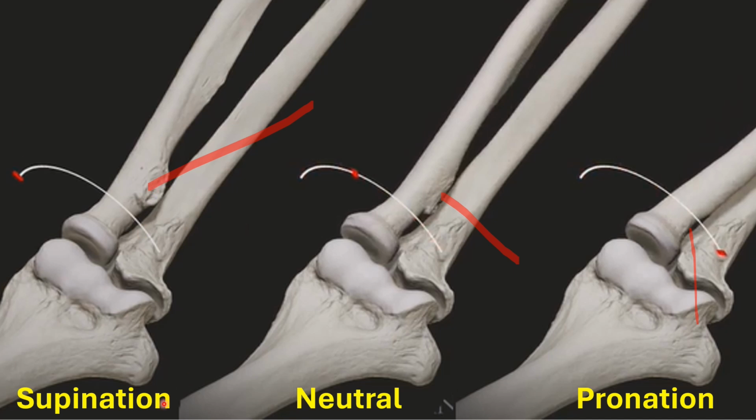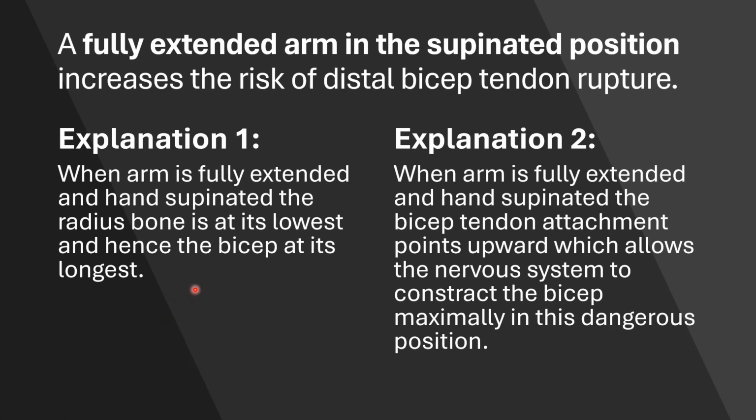So, these are my two explanations of why my theory is true, the mechanisms of action, and now we can closely look at them together here. Theory: a fully extended arm in the supinated position increases the risk of distal bicep tendon rupture, meaning the bicep tendon coming off the radius bone.